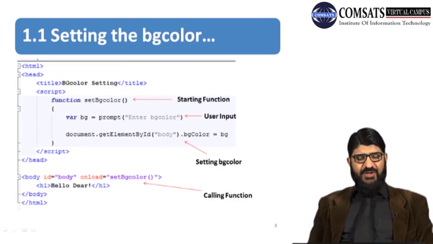The HTML tag is mentioned, the head tag is started, the title tag is given as background color setting, and the JavaScript start tag script is mentioned. The function keyword is written, and with the function keyword the name of the function, that is setBgColor, is given.